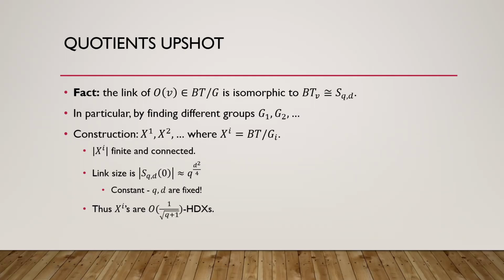Right. And by the way, this is sort of by design. There are a lot of theorems, I'm not sure if specifically for the building or not, that show that if you take quotients of an infinite object, at least spectrally, you're supposed to converge to the spectrum of the infinite object.